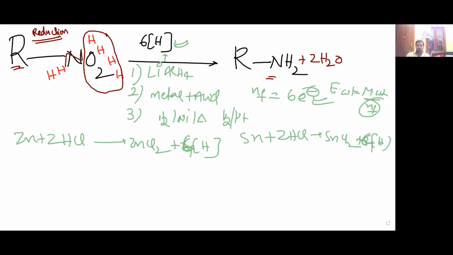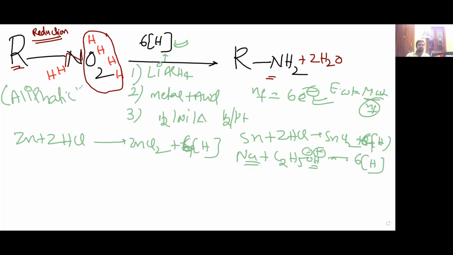One more time, 6 hydrogens. And another is Na with ethyl alcohol, a metal acid with slight character. From these also 6 hydrogens will come. So this is the most important. And R is aliphatic. Please remember, here R is aliphatic. Here you prepare only aliphatic amine.